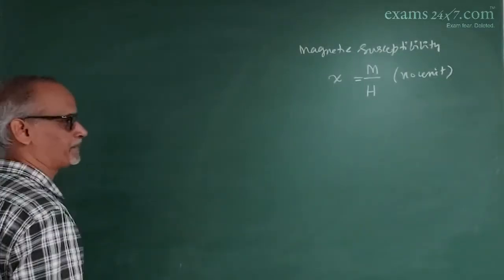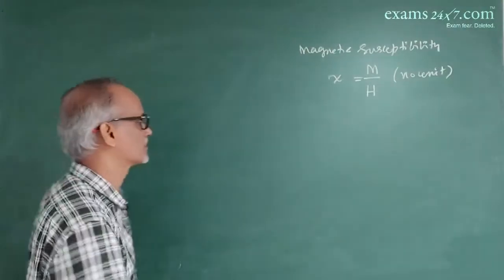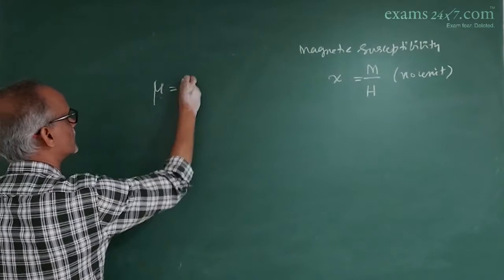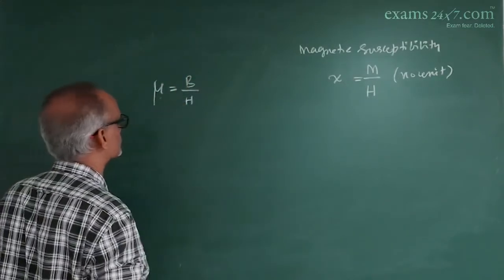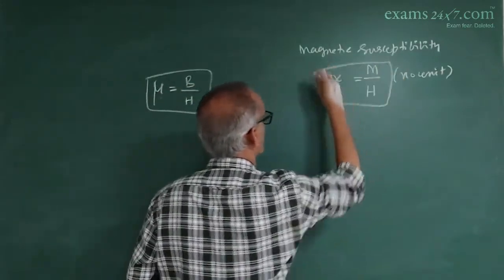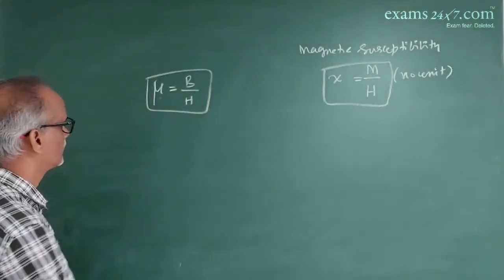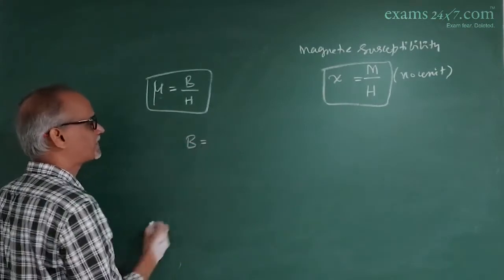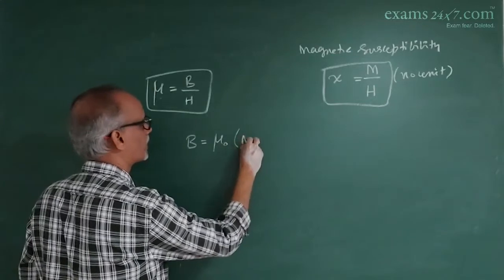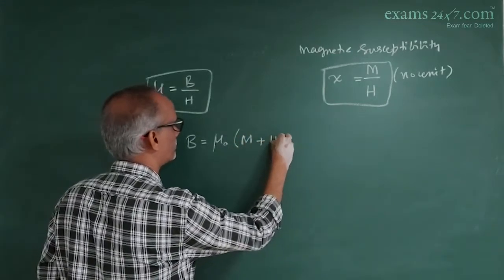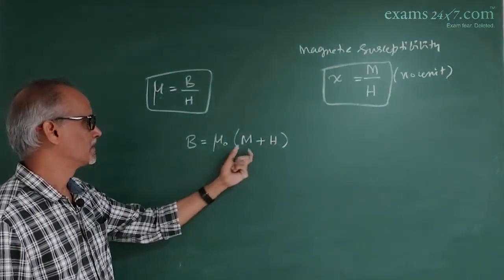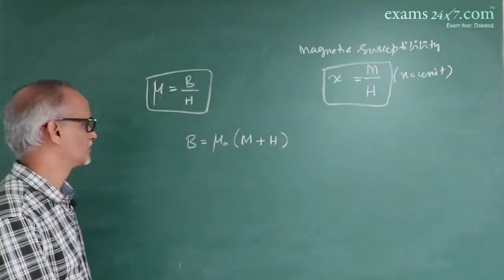The ability of the material to allow magnetic lines of force is measured by magnetic permeability, which is mu. So mu is equal to B by H, whereas chi is equal to M by H. The net magnetic field B is given by mu naught into M plus H, where H is magnetic intensity and M is magnetization.